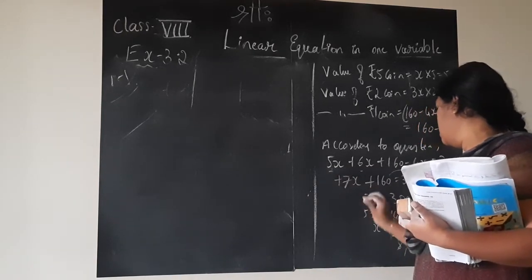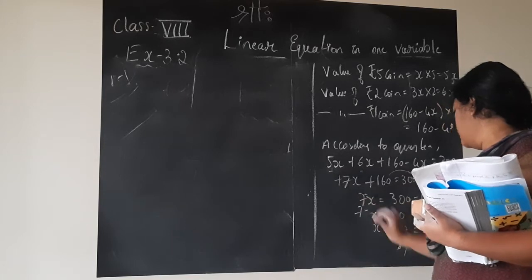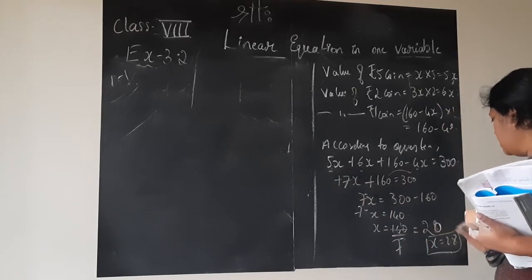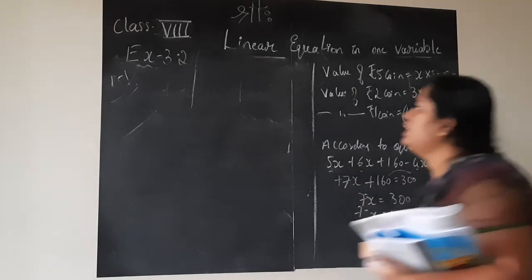I wrote 5, so this is 7x. When I divide it by 7, 7 2s are 14, x is 20.